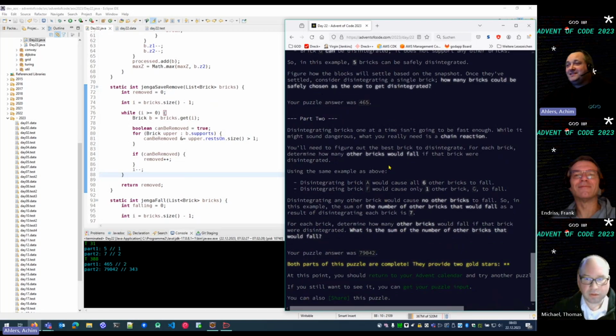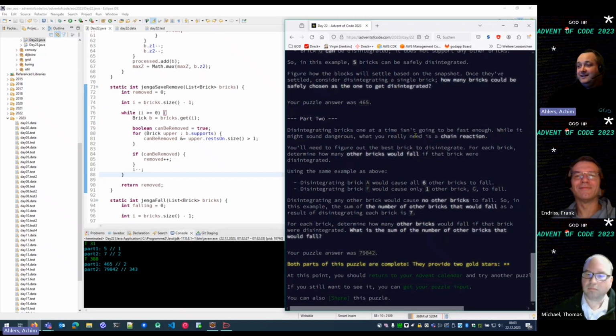The twist in part number 2 is that in the Jenga phase, we have to do the complete opposite. We have to determine the most destructive ways that we can pull bricks out of our pile.